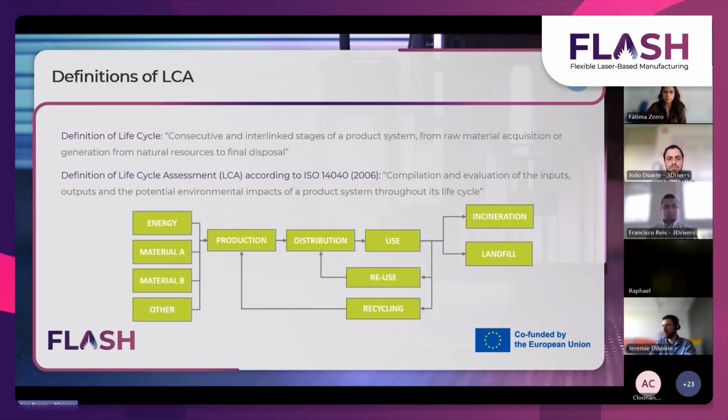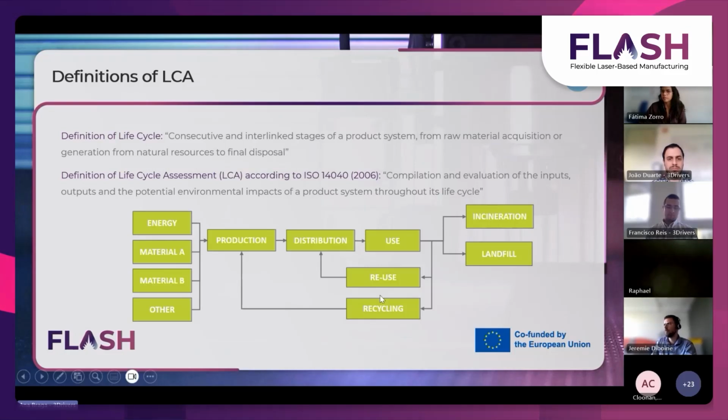A life cycle is the consecutive and interlinked stages of a product system, from the raw material acquisition or generation from natural resources to the final disposal or end of life. The definition of LCA, according to ISO 14040, is a compilation and evaluation of the inputs, outputs, and the potential environmental impacts of a product system throughout its life cycle.